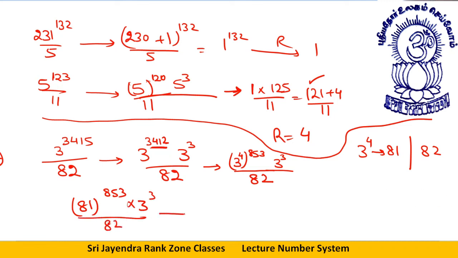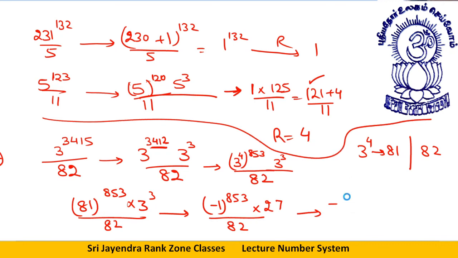So now this becomes minus 1 raised to the power 853 into 27 divided by 82, or I can say minus 1 into 27 divided by 82, that is minus 27 is the remainder.